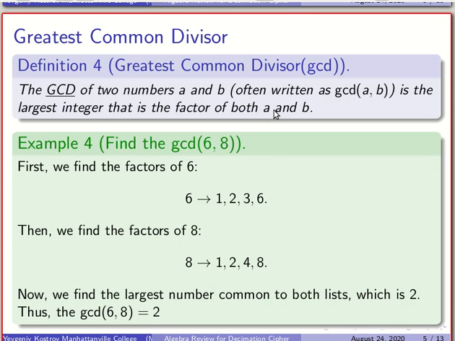For this, we write all of the factors of 6 that we did before: 1, 2, 3, and 6. Then we list all factors of 8: 1, 2, 4, and 8. And we see that 2 is the biggest number that is present in both lists. So 2 would be the greatest common divisor of 6 and 8.